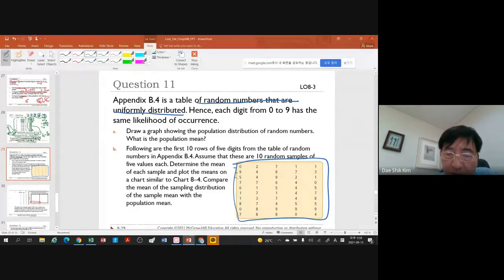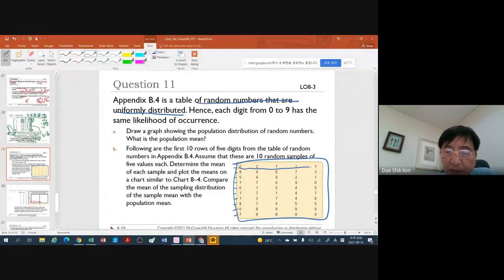Number 2, B. Following our first 10 rows, 1, 2, 3, 4, 5, 6, 7, 8, 9, 10 rows. Each row has 5 numbers from the random number table. Assume that these are 10 random samples of 5 values.